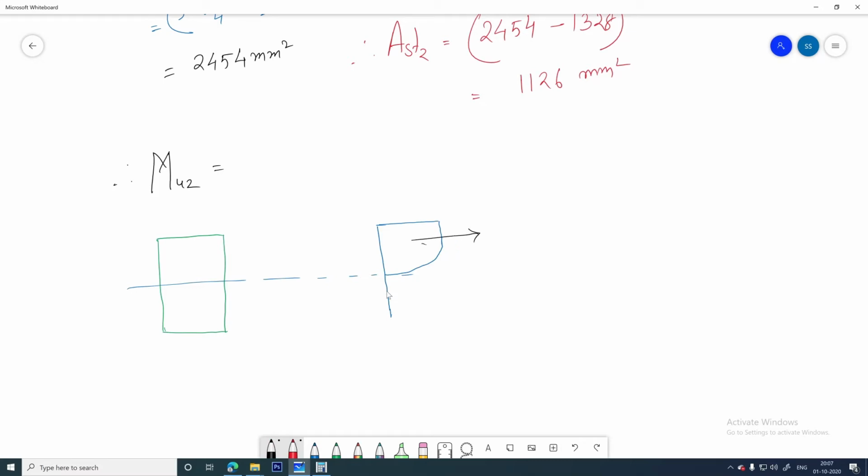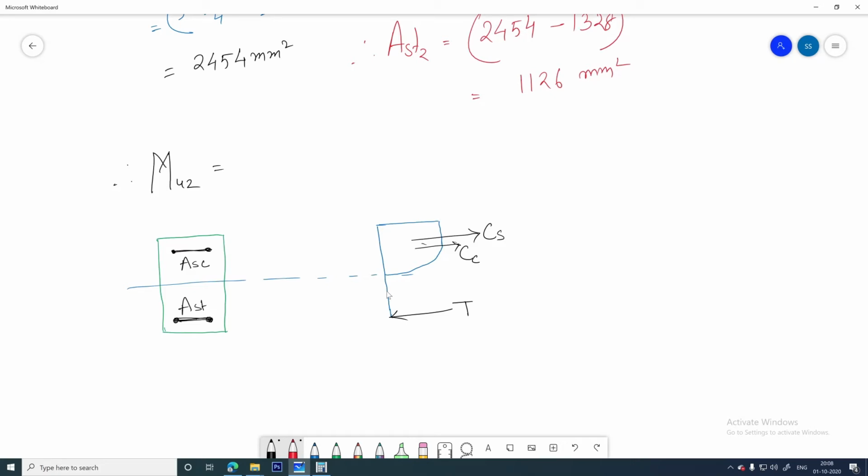We have two compressive forces, this one is CS and this one is CC, and here we have T. Suppose this is the level where we have AST, and suppose this is the level where we have AC.